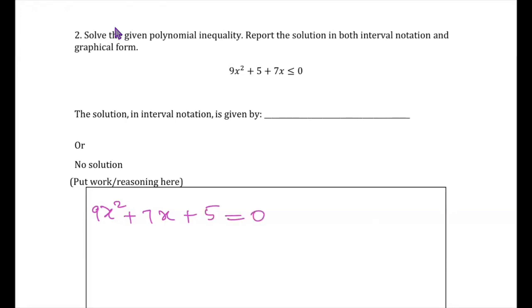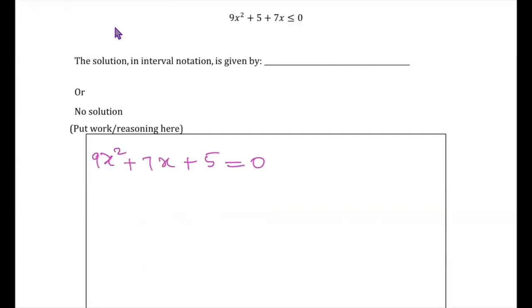So that's where we start. We need to remember that sometimes we find this expression never equals 0. So sometimes this will never be 0.